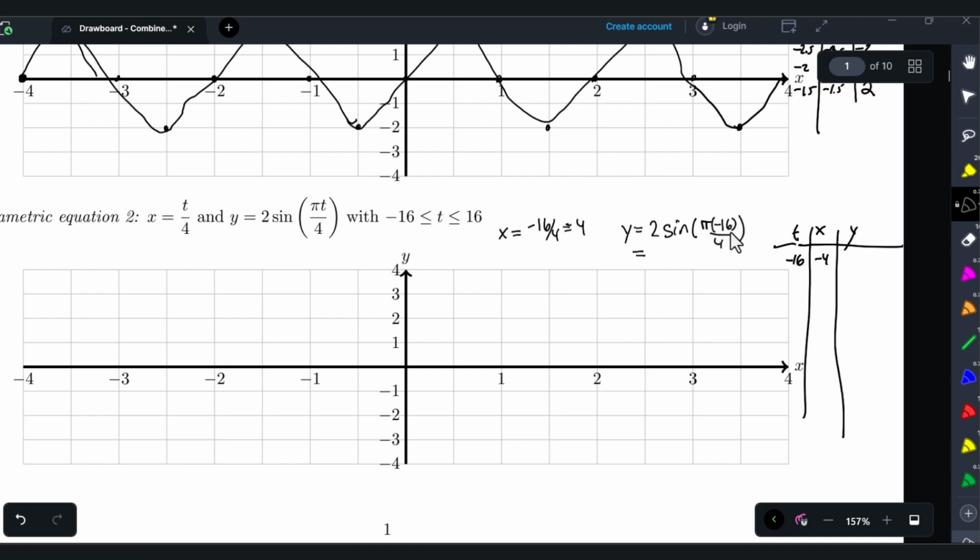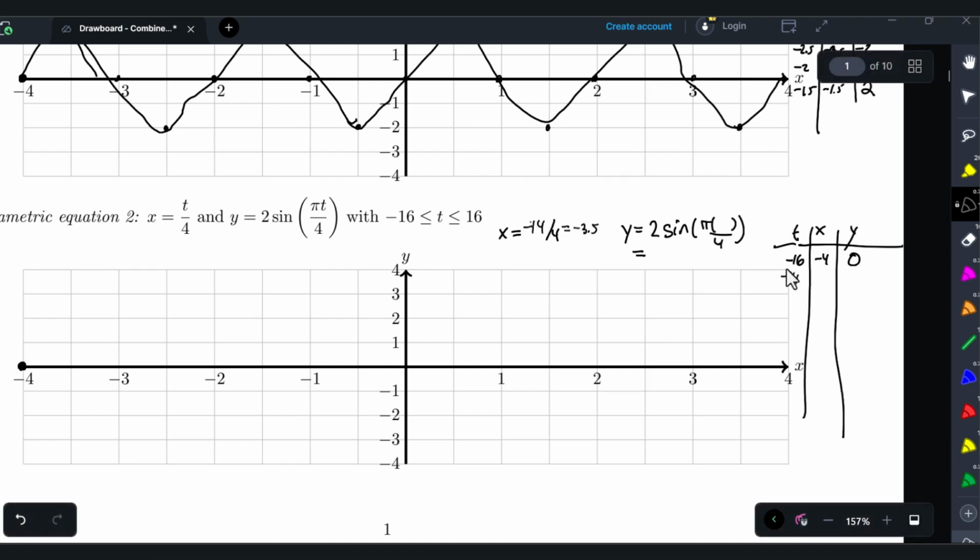Similarly, for the y-coordinate, I plug in t equals -16, substitute into the equation, and evaluate it. When I plug -16 into the time parameter for y, it simplifies down to -4 again. So sine of -4 pi is 0, and 0 times anything is 0. That means my corresponding y-coordinate would be 0. So I graph -4 for x and 0 for y, which gives me the point over here.